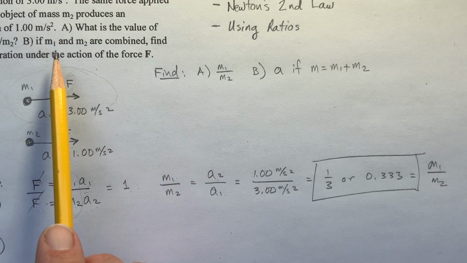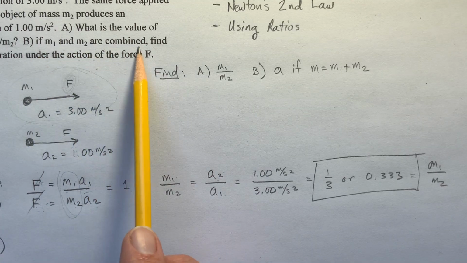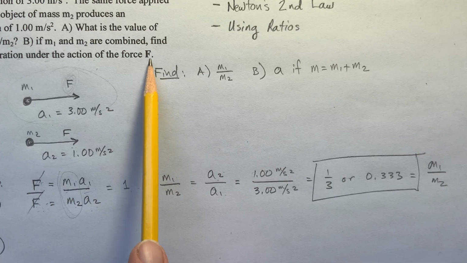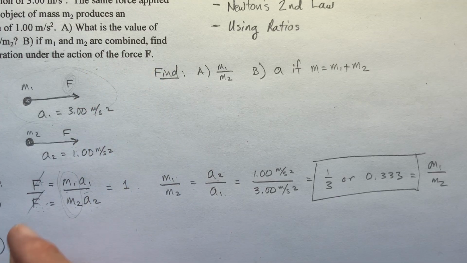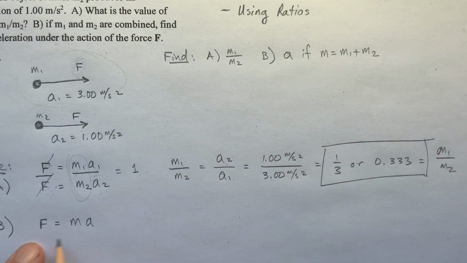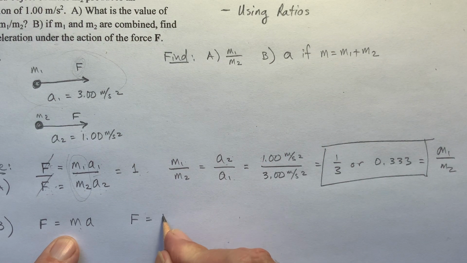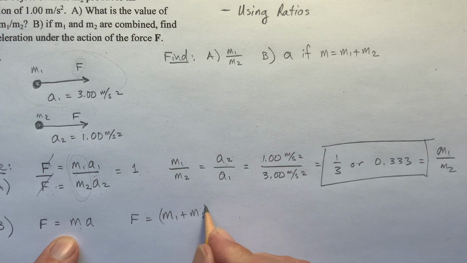All right. Now, what if m1 and m2 are combined? Find their acceleration under the direction of force. So we're going to say F equals ma, but this is the combined mass, right? This is Newton's second law, but we're going to combine these masses. That's going to be m1 plus m2, right?